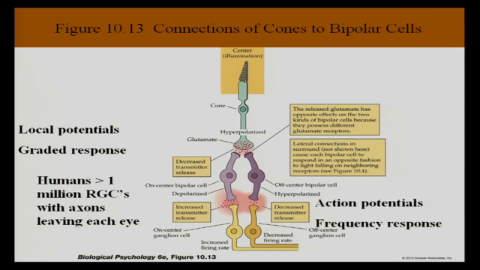So the local potentials get turned into action potentials in the axons that come away from the retinal ganglion cells in the optic nerve. So remember, in your sheep brain dissection, you turned the brains over and you saw the optic nerve going to the optic chiasm and you dissected that away. That's what's carrying the information out of the back of each of your eyes.